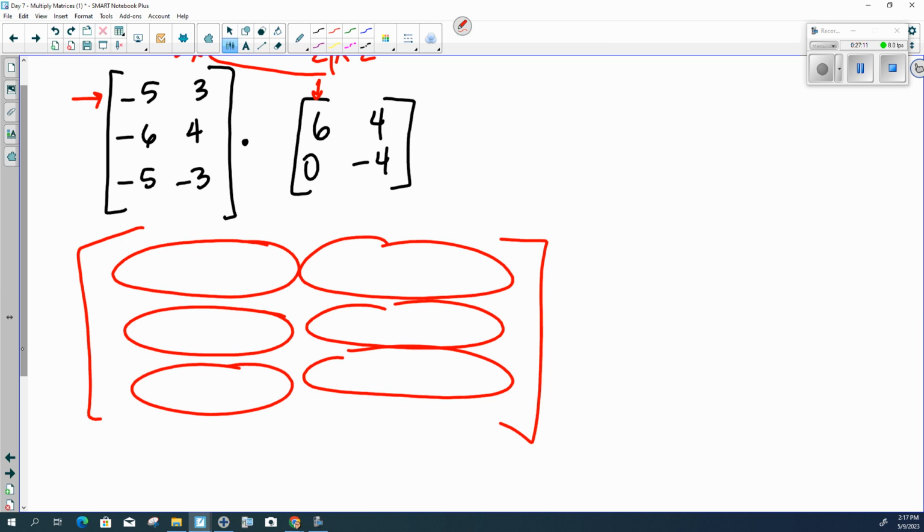All right, Bradley, what numbers am I matching up for this multiplication cell? So what are the numbers that will match up then? So I got a -5, which is -30. Okay, now we're sticking still with the same top one, but we're moving to the second column.